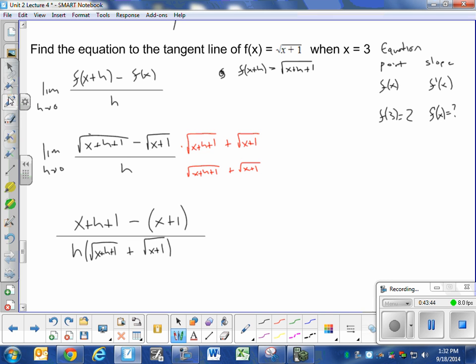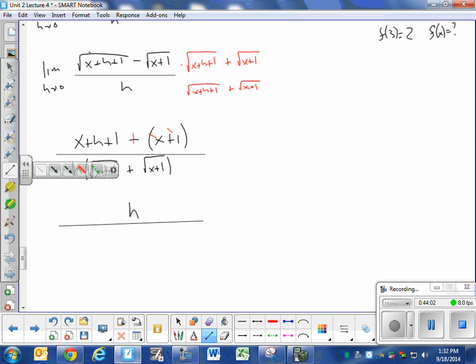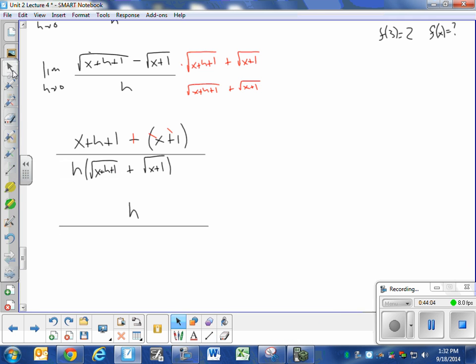Now we will attempt to simplify this numerator. I'll change this to a plus, distribute my negative. My x's will cancel, my 1's will cancel. It will leave me with just an h on the top over this denominator.